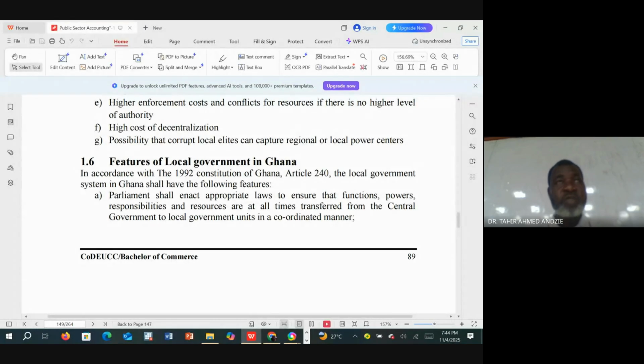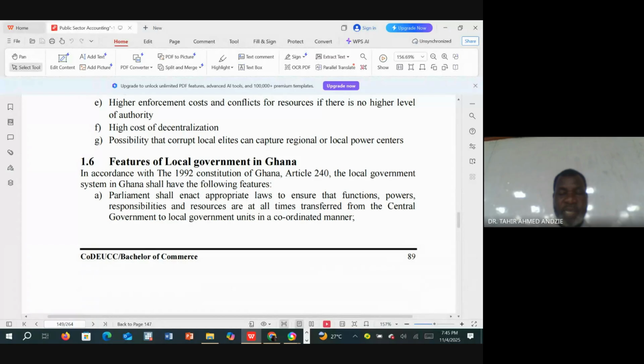Remember, we have actually talked about this article in the Constitution. Article 240 is the article that talks about the local government system in Ghana. So it gives the power to Parliament to enact appropriate laws to ensure the functions, powers, responsibility, and resources are at all times transferred from the central government to the local government in a coordinated manner.